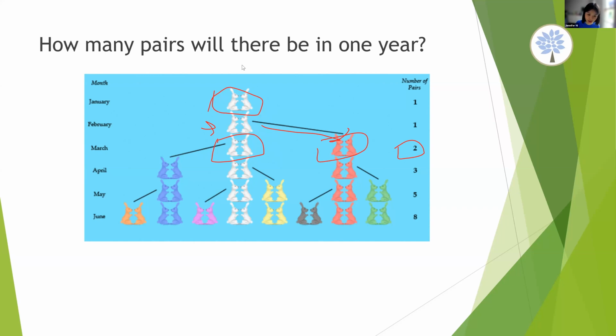In May, there are the 3 pairs from April, and 2 new pairs are produced by the 2 pairs existing in March, contributing to 5 pairs in the field. And that also happens similarly in June. Now, can you see a connection between the rabbit experiment and Fibonacci numbers? I'll give you a couple minutes to do so.